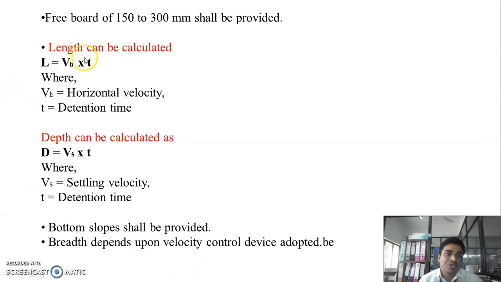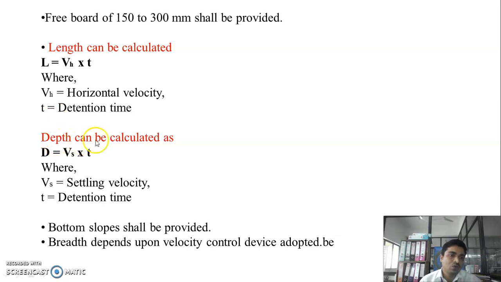Then length of the grid chamber can be calculated by using this equation: length L is equal to VH into T, where VH is horizontal velocity and T stands for detention time. Whenever we take this product of horizontal velocity into detention time, we will get the length of the grid chamber.